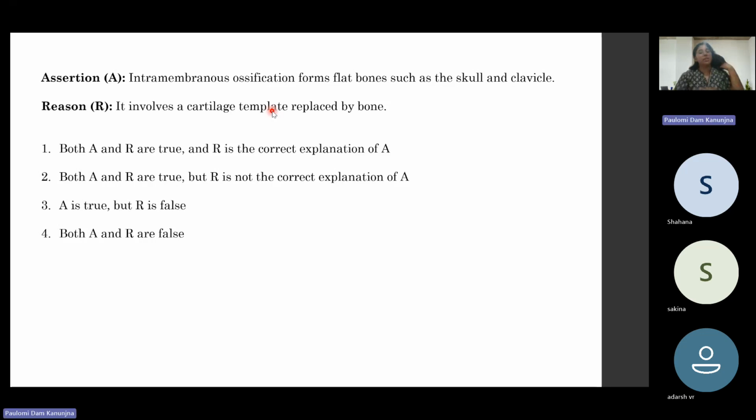What was intramembranous ossification as compared to endochondral ossification? What was the chondral word saying and what was the intramembranous word saying?